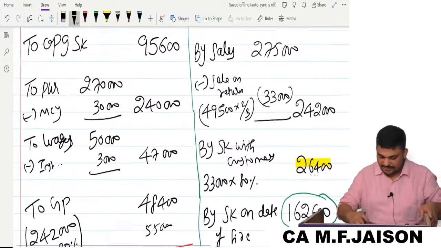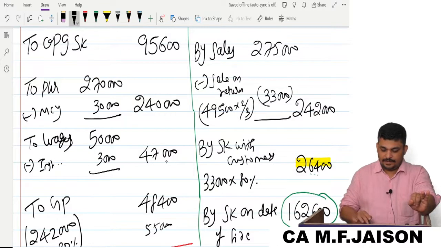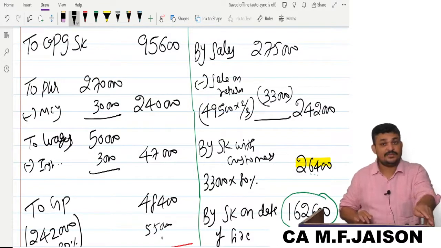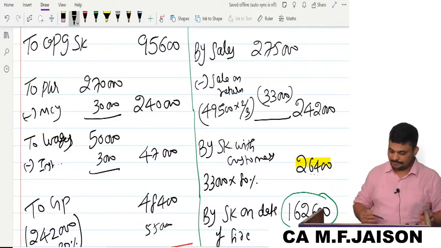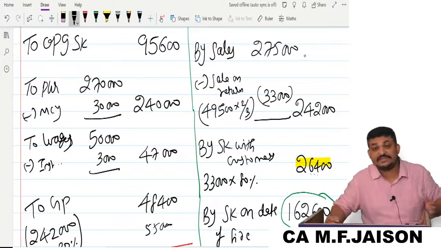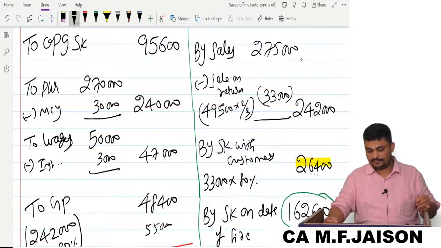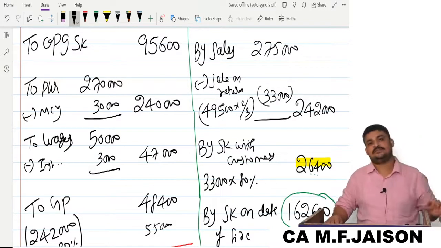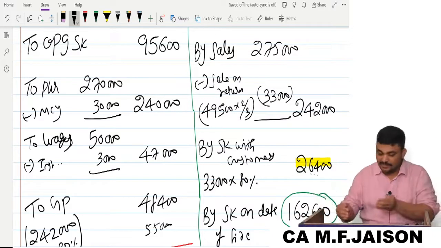Now you calculate 95,600 plus 2,40,000 plus 47,000 plus 55,000, not 48,400, minus 2,75,000, which gives 1,62,600. So even if you simply ignore the sale or return transaction, you still get 1,62,600.